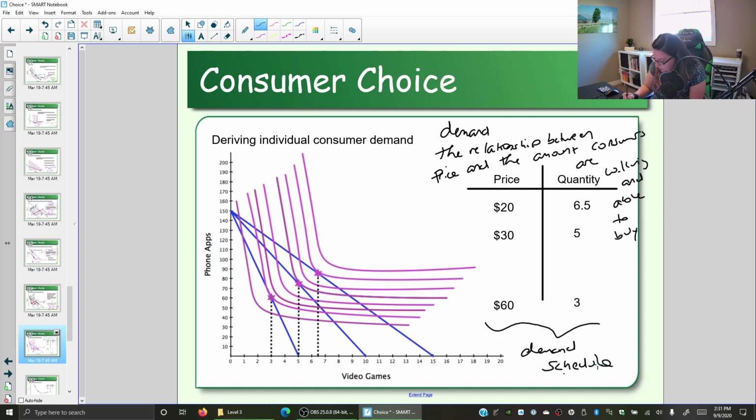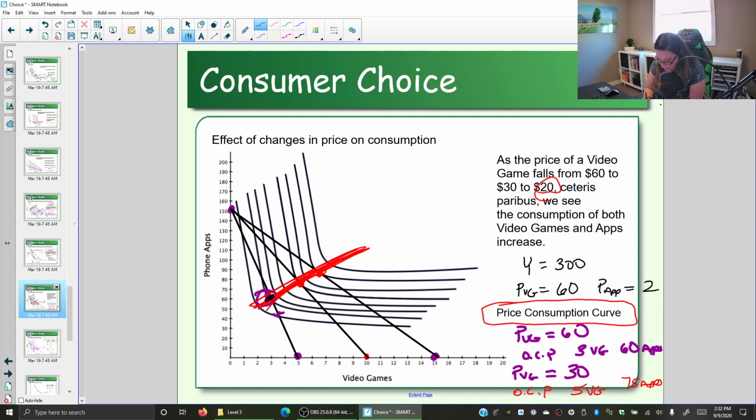The demand schedule is a table that shows this relationship between price and the amount that consumers are willing and able to buy. So we changed the price and we looked at what happened to the quantity demanded of video games. We saw that when the price was 60 bucks, that optimal consumption point, if I go back here, had 3 video games.